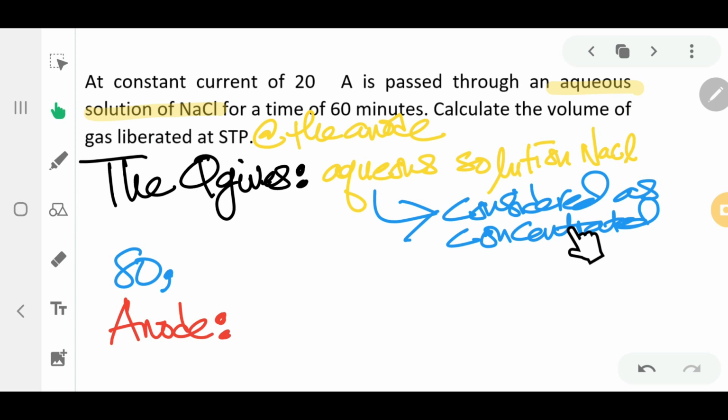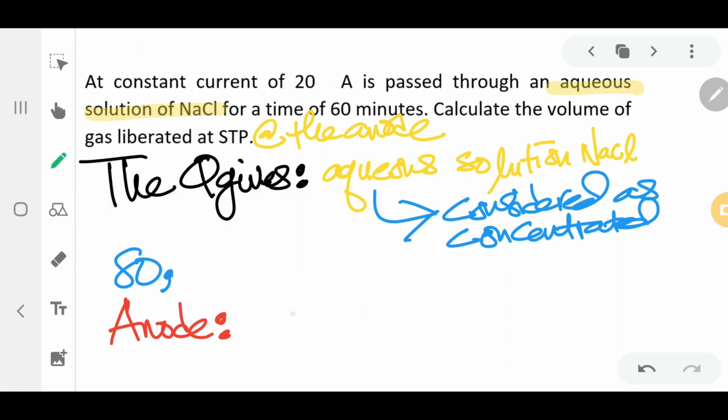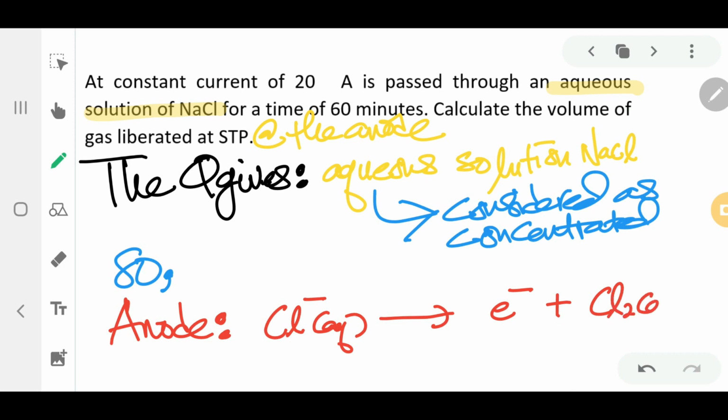So when you have concentrated solution, at the anode, what will happen here is you'll have the chloride ion, aqueous, and anode is losing of electrons. So you're going to lose electrons, and you will convert that into chlorine gas.